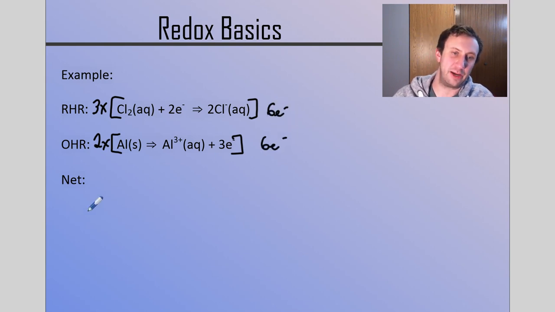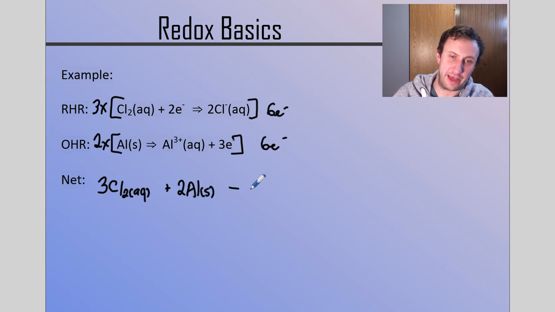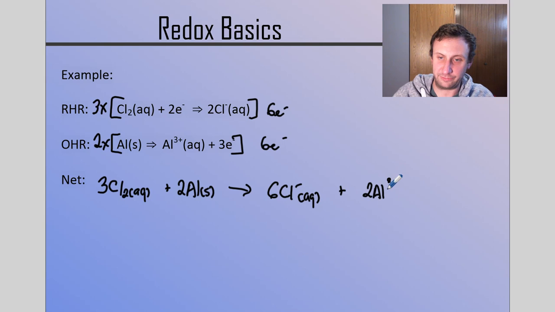Now if I write my net, I have to make sure that I've multiplied through the full half reaction. So my 2 reactants now are 3Cl2 aqueous and 2 Al solid. And that gives me 6 chlorides and 2 Al3+.